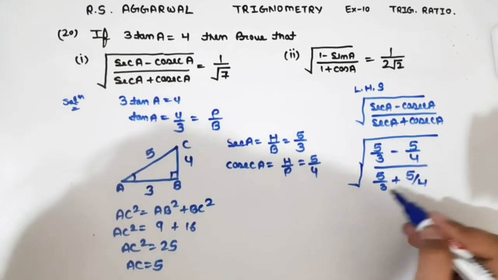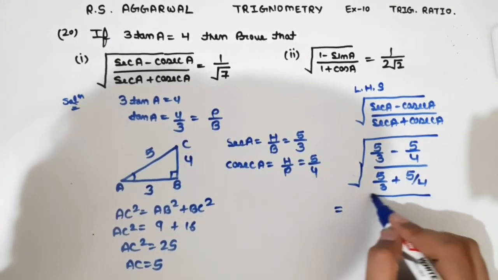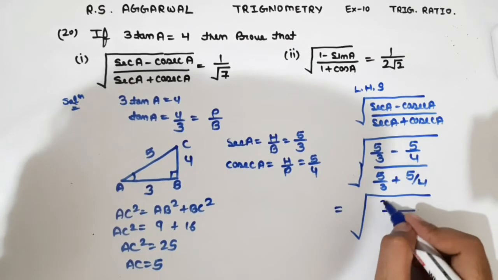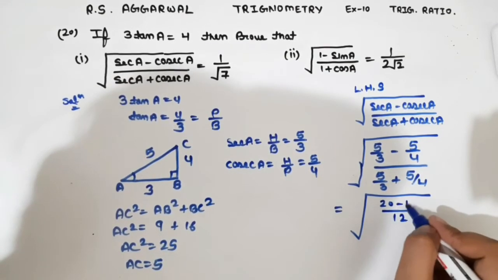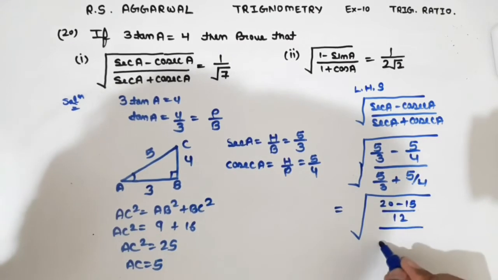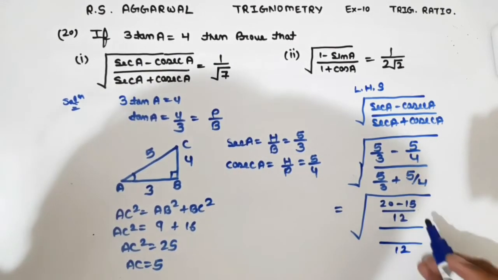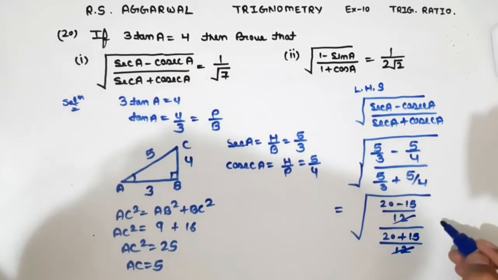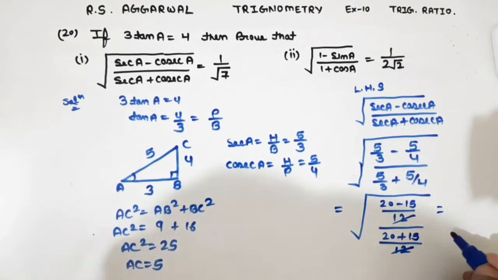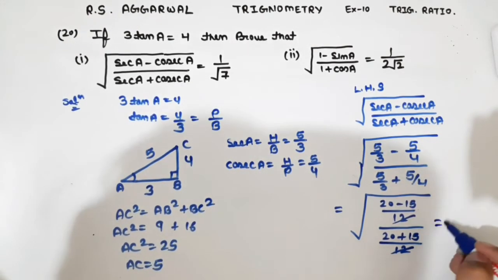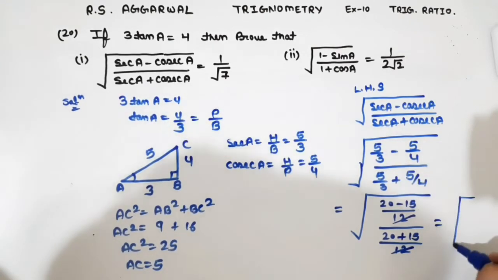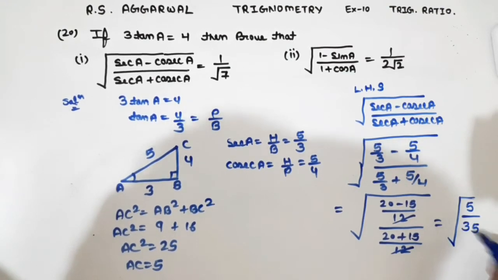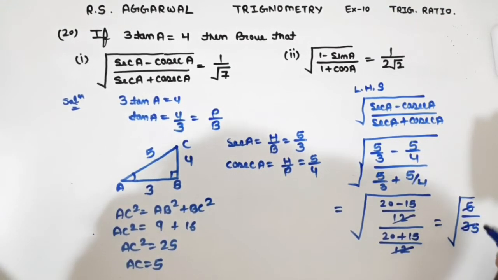So here in the two terms 12 will be the LCM, this will be 20 and this will be 15. Similarly here also 12 will be the LCM, that will be 20 plus 15. 12 will be cancelled out, that will be equal to 20 minus 15 upon 35, under root 5 upon 35, 1 upon 7.